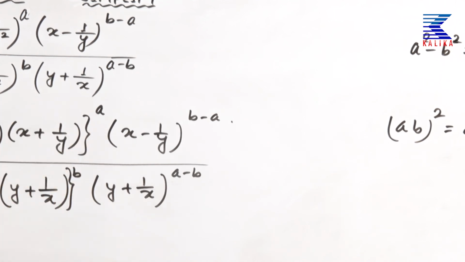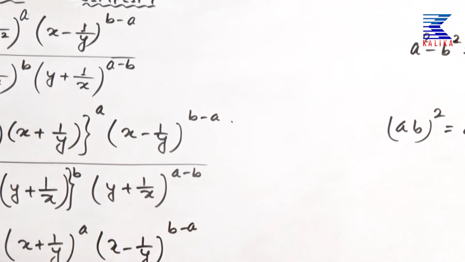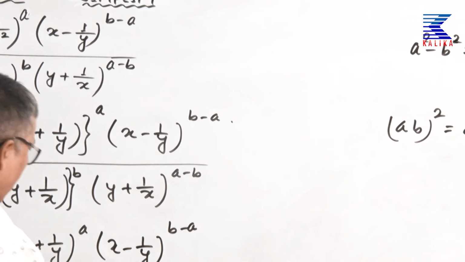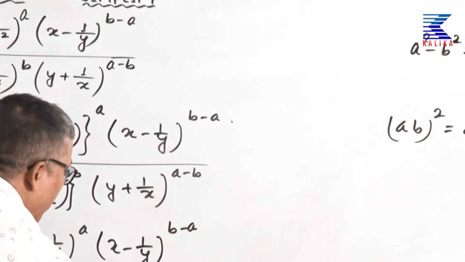Then we can write (x − 1/y)^a (x + 1/y)^a. Clear? Any doubt? No. Then (x − 1/y) to the power b − a, whole upon (y − 1/x)^b (y + 1/x)^b. Similarly, (y + 1/x) to the power a − b.